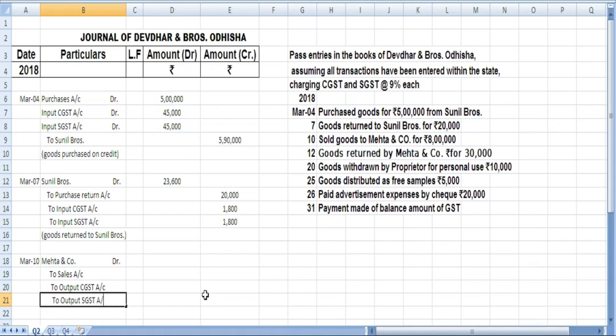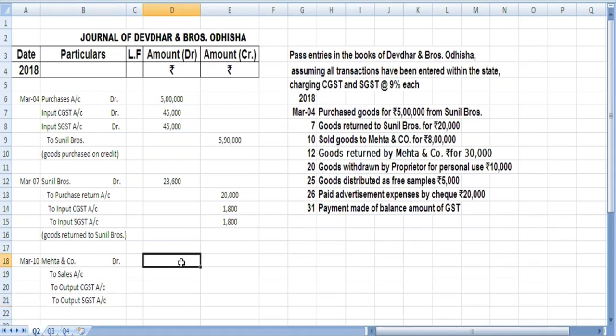Now whenever there is a sale, whatever GST we had paid while purchasing the goods, we will get it back. So along with the sale or any income, we write output. Along with the purchase or any expense, we write input. But if there is no sale and we are giving it away as purchase return, then whatever was debited, the same percentage we will credit.